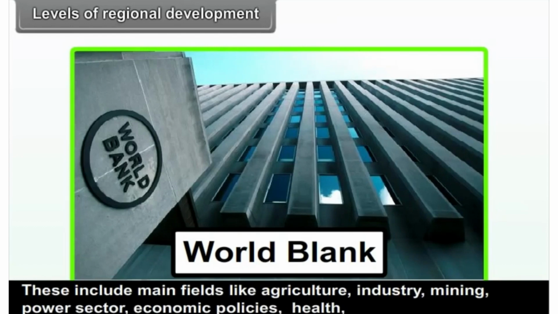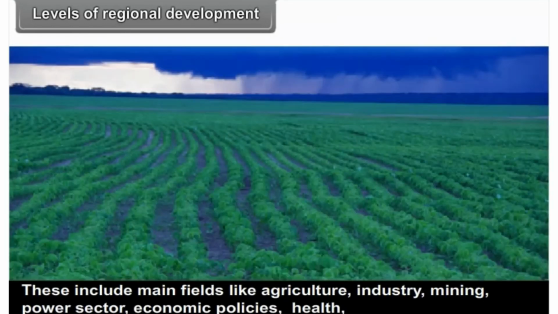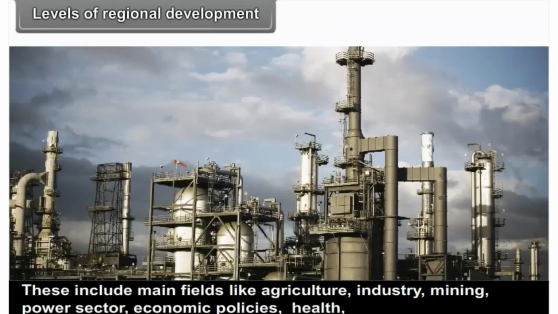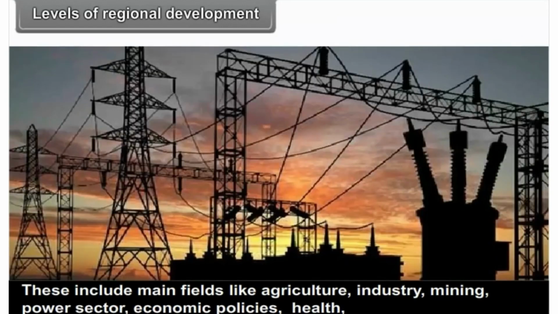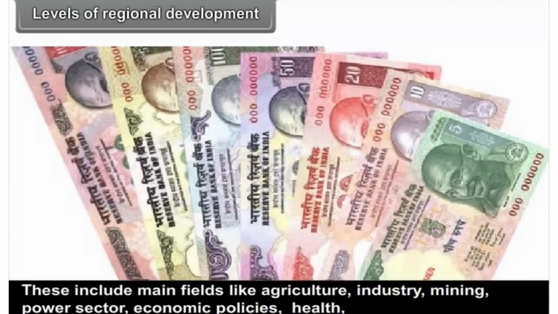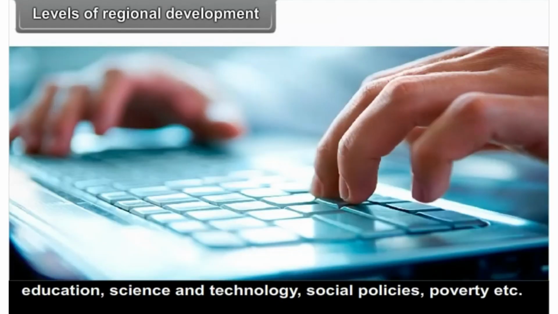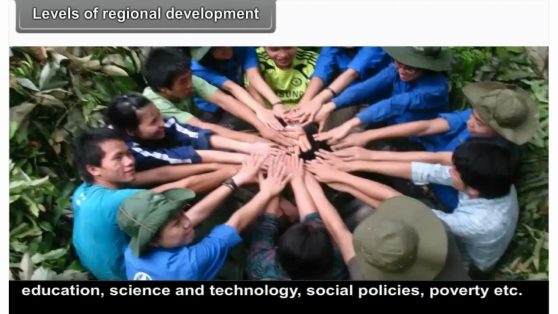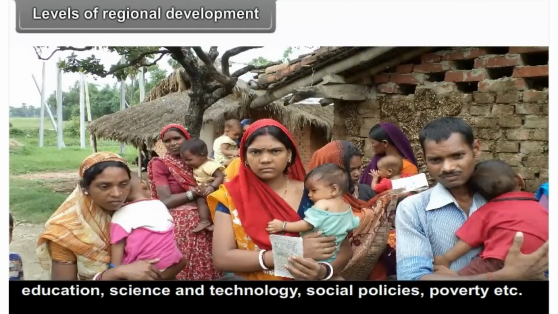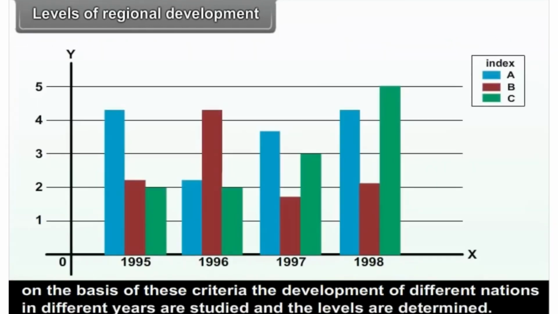These include main fields like agriculture, industry, mining, power sector, economic policies, health, education, science and technology, social policies, poverty, etc. On the basis of these criteria, the development of different nations in different years are studied and the levels are determined.